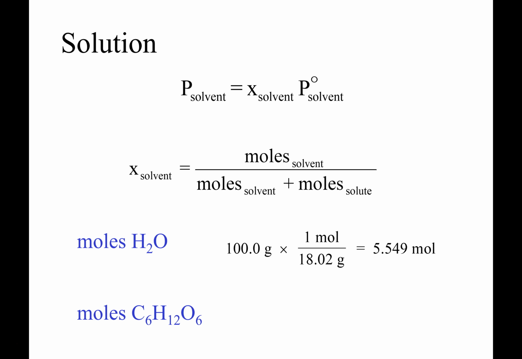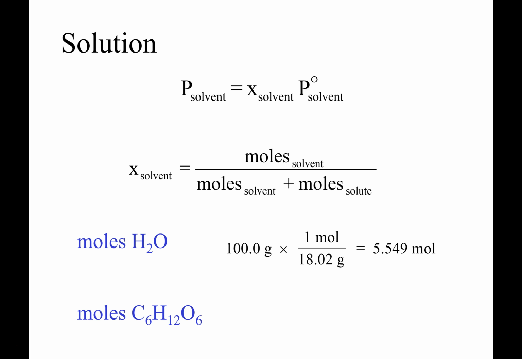So, yes. The mass of water was 100 grams. You guys told me the molar mass is 1 mole per 18.02 grams. So that gives us 4 sig figs: 5.549 moles of H2O. Of course, that will go in the numerator in a minute and in the first term in the denominator.